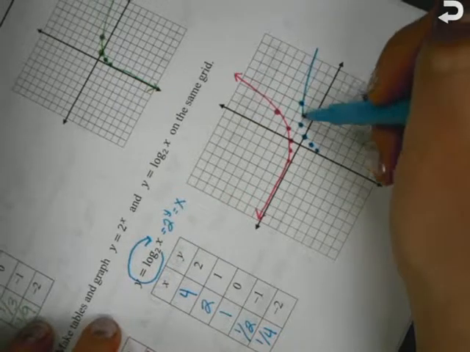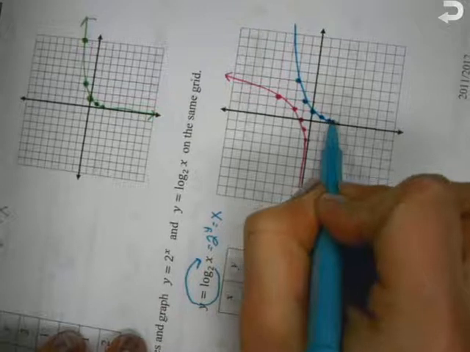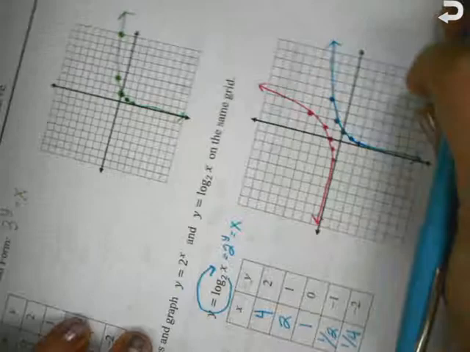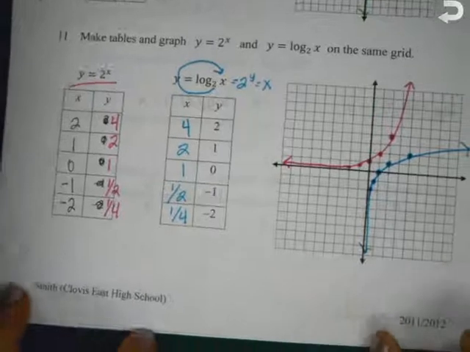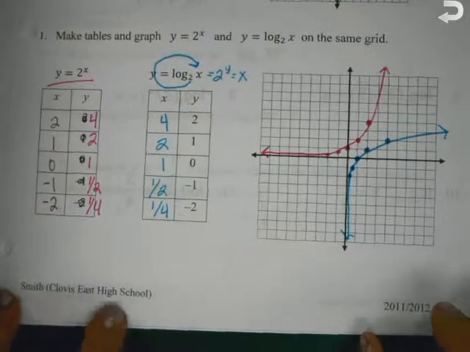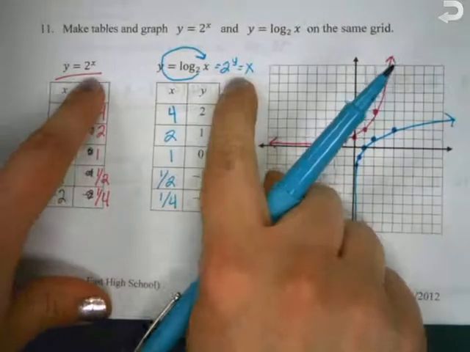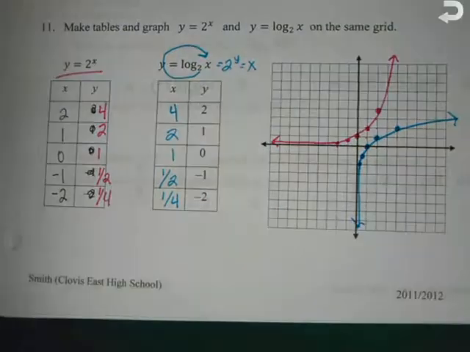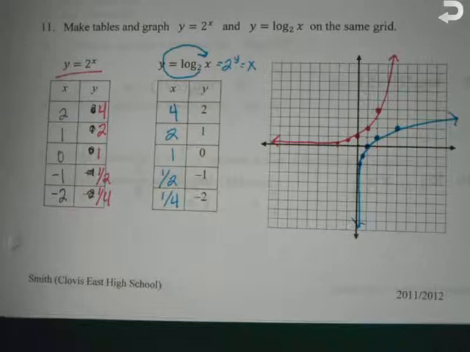And those are our two graphs. So these are exactly the same except for the one change where x and y are switched. What happens when x and y are switched? Do you guys remember? When you switch x and y, you're finding the inverse. Good job. Okay.